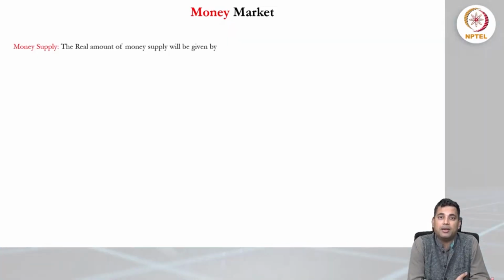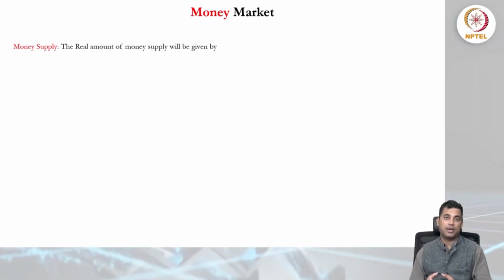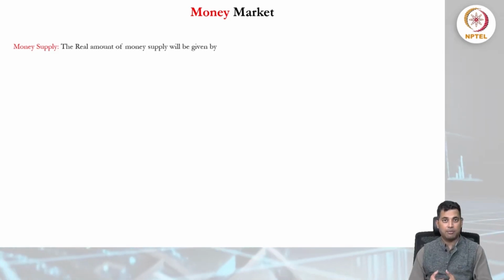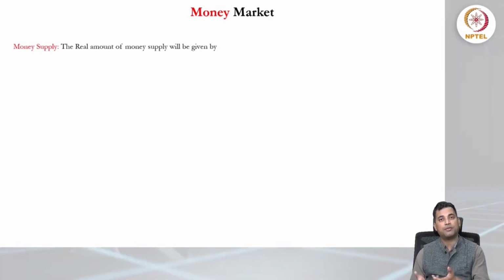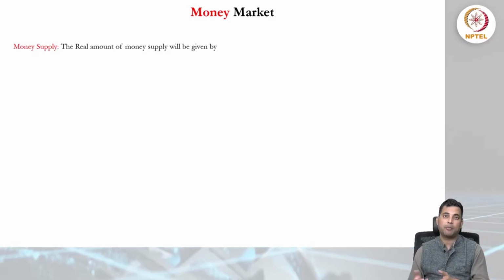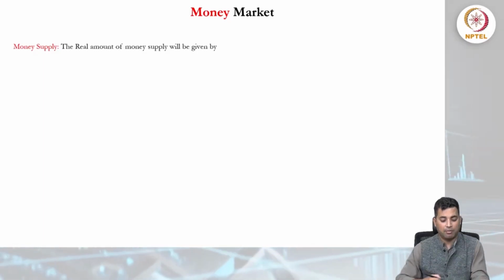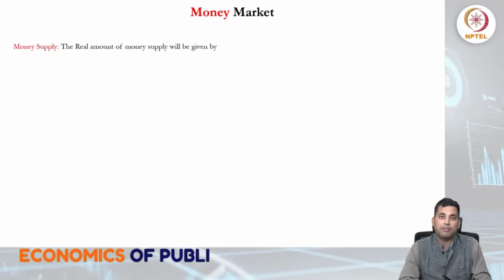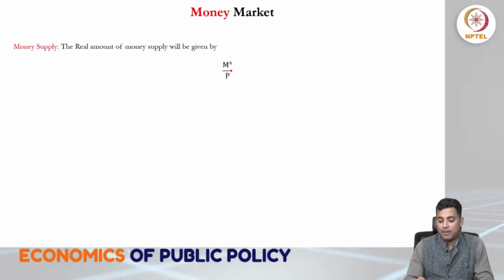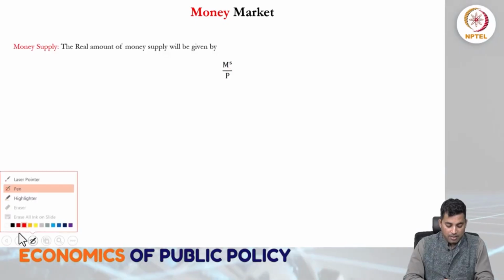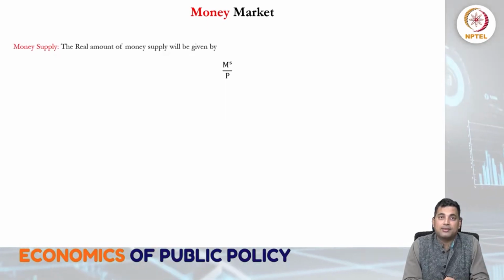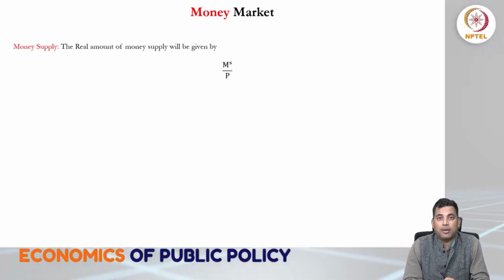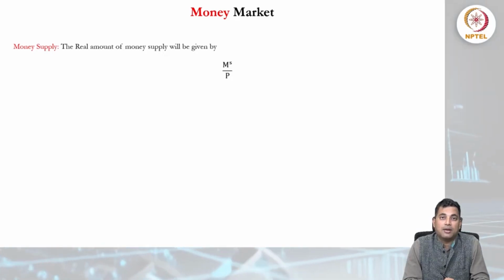So of course the primary concepts that we are discussing here, in any of the markets, are demand and supply. So in the money market, obviously demand for money and supply of money will be discussed. So what is supply of money? The real amount of money supply will be given by MS by P. P is the aggregate price level, and MS is the overall money supply that is injected by the central bank.